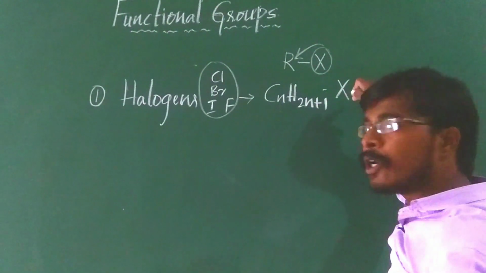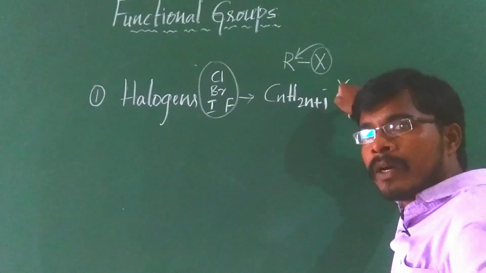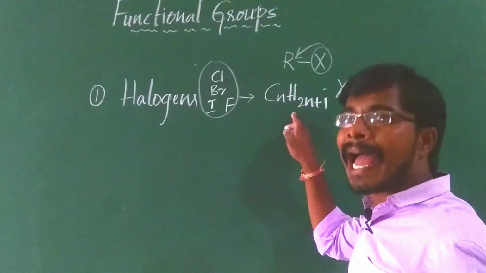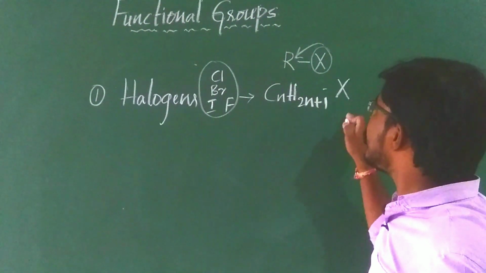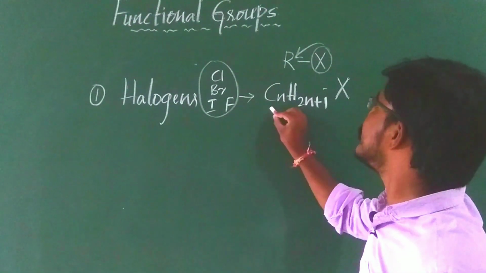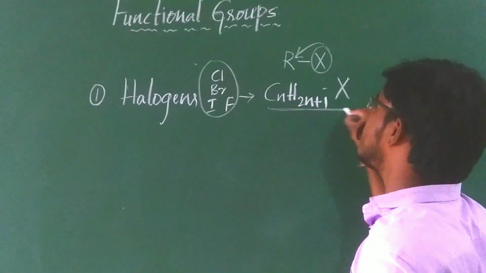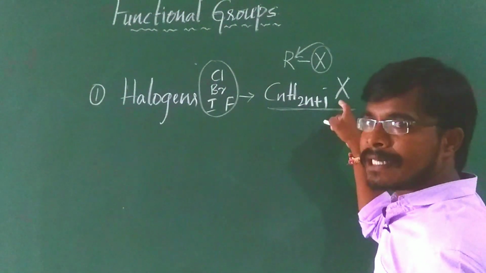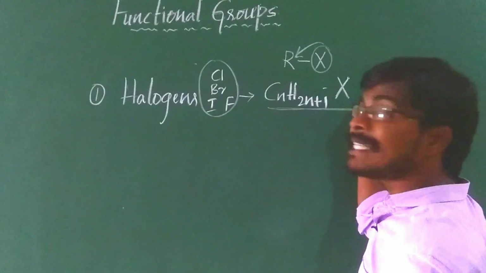Here the group name is halogen, represented by the symbol capital X, and the general formula for halogen compounds is CnH2n+1X. One of the hydrogens is replaced.